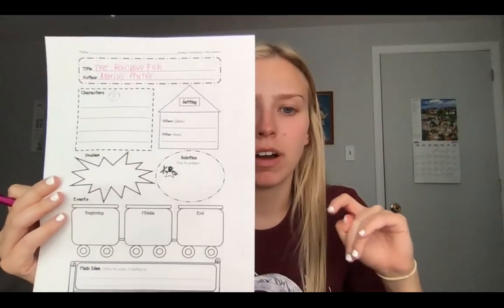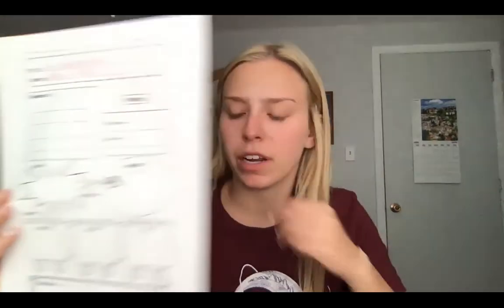We're going to follow along and do some of these questions on here. So you should have the title and the author, and then our first part is characters. So everyone should know the first character. It's the title of the book, Rainbow Fish. So Rainbow Fish ran into a problem with a character at the beginning.